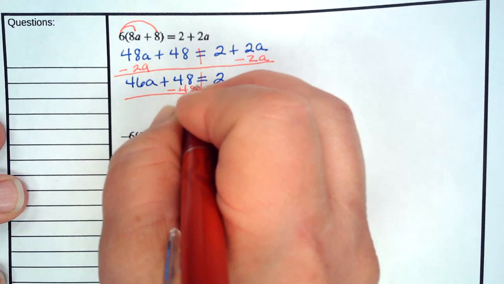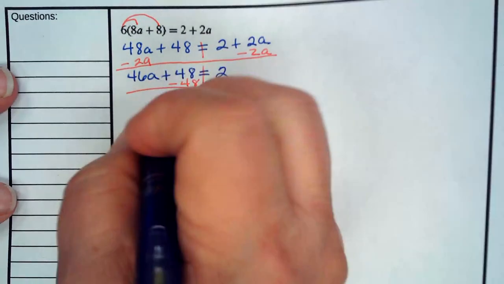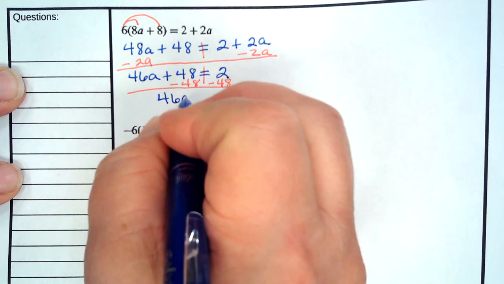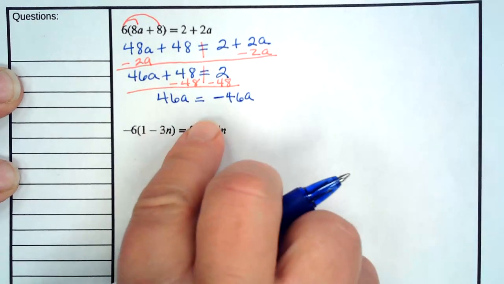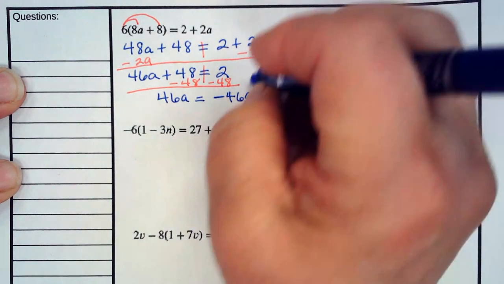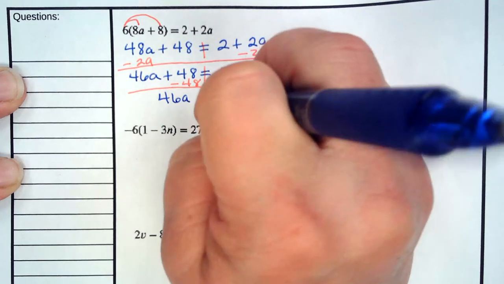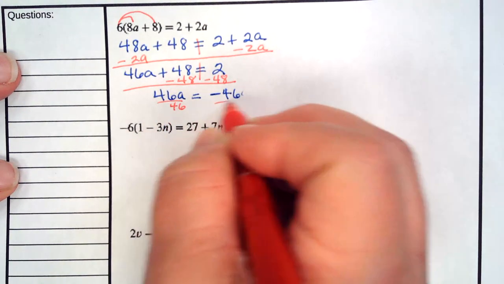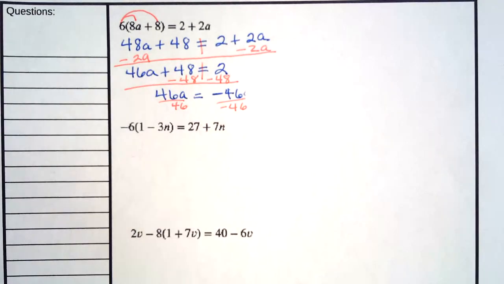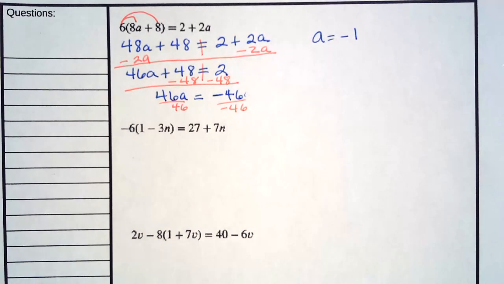Subtract 48 from both sides. 46a is equal to negative 46. There's no a on this side. Okay, so you're going to divide both sides by 46. And a is equal to negative 1.